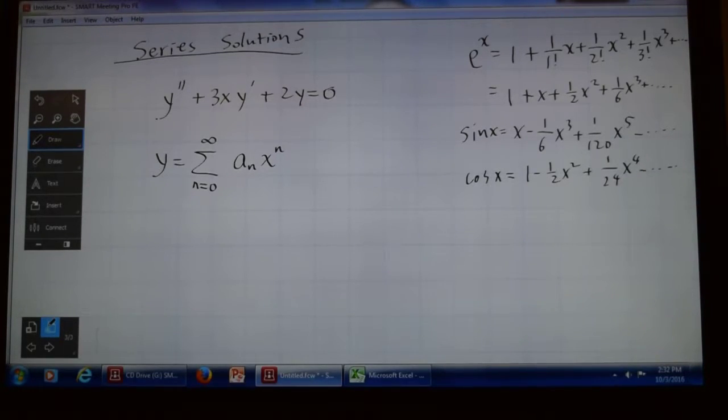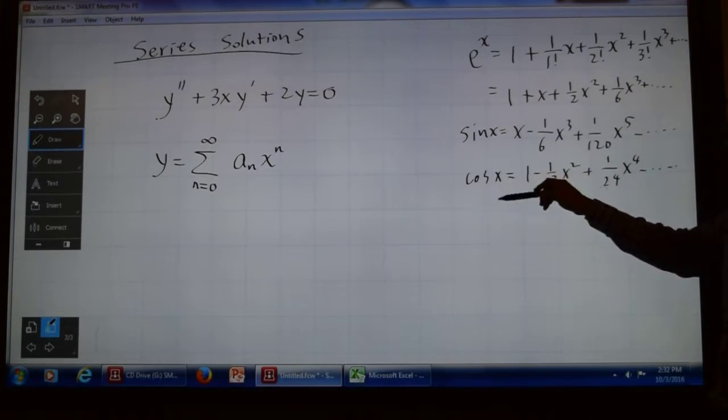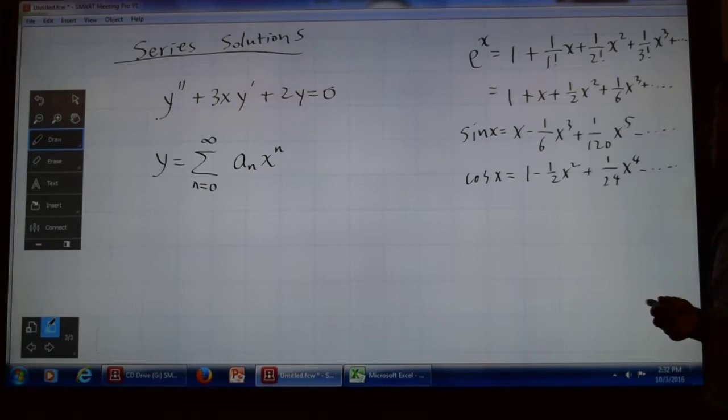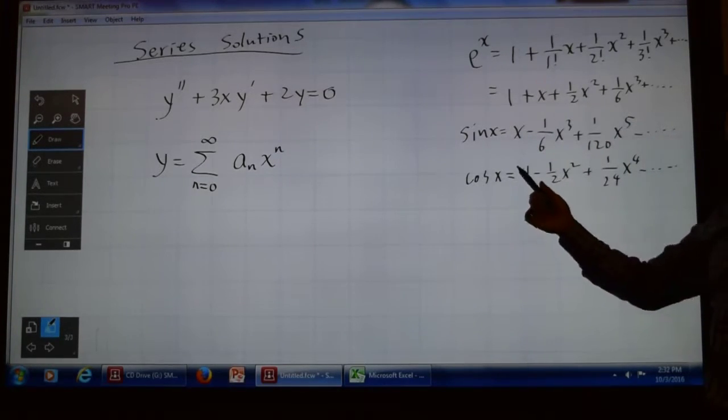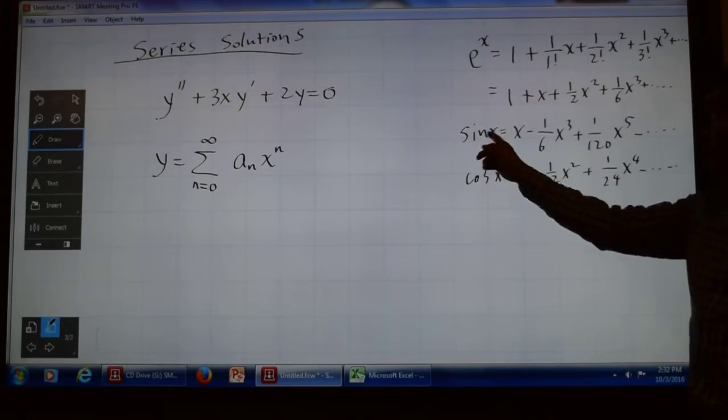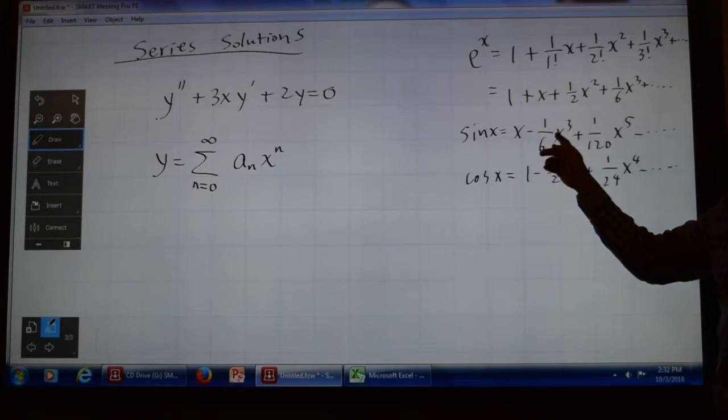So those are sines and cosines. So because e to the x, sine x, cosine x have these power series representations, and anything you can think about, like x times sine x will be just multiplying by x to this thing, or sine 2x will be replacing x by 2x.